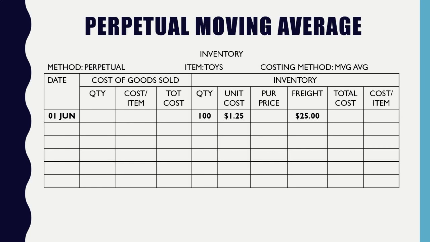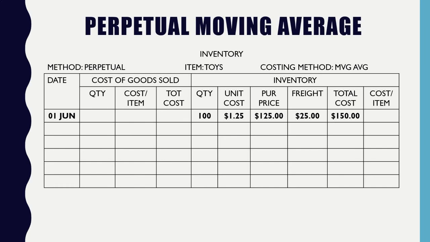We're going to calculate our total purchase price, which gives us 125 plus 25, a total cost of 150.